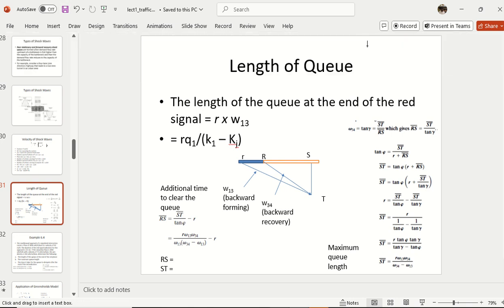And the ST, we should convert the second to hour. What? For the ST. ST you calculate it in hours and convert to seconds. Because the speeds are already in miles per hour. W13 and 34 are already in miles per hour.